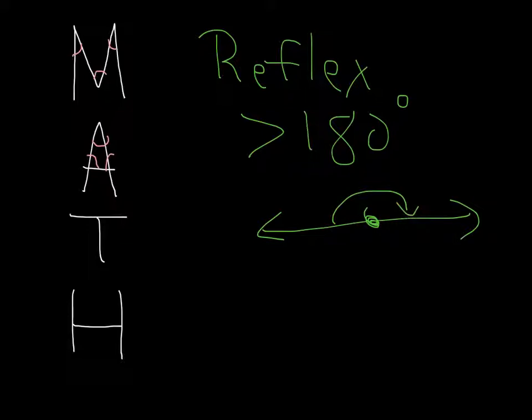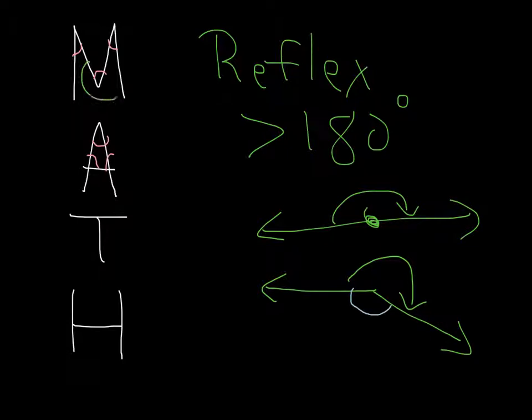So if you have an acute or obtuse angle, like for example on this, what I actually have is an obtuse angle right here. But if I look at the other side of the angle, it's actually greater than 180 degrees. It's bent the wrong way, and that is called a reflex angle. And so if we wanted to find some reflex angles, here would be an example. This is a reflex angle right here at the M, and at the top of the A, this is a reflex angle. They're really the opposite side of an acute or an obtuse angle.